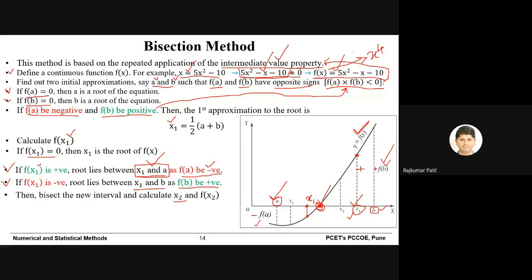And if the root lies between x1 and b, then x2 will be 1/2 times (x1 plus b). Repeat the above procedure to generate x3, x4, x5, till the root up to the desired accuracy is achieved. So these are the steps you need to follow to find the root of the equation up to the desired accuracy.